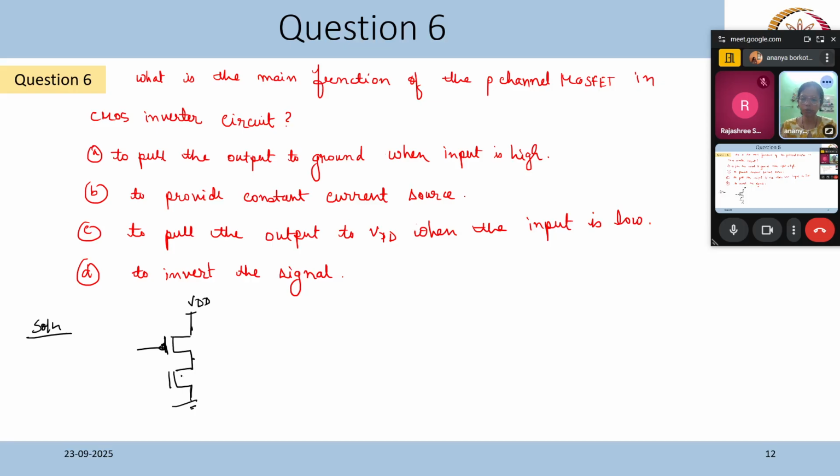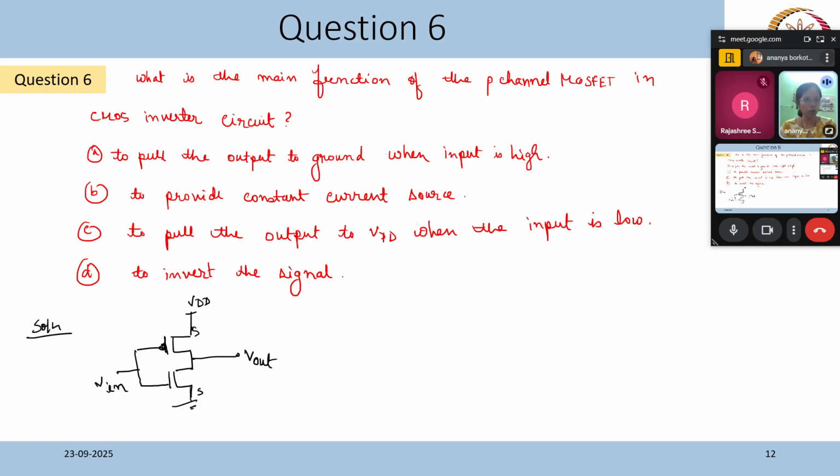Source is ground, right? So this is my source here, this is my source here. This is the drain terminal, which are connected. This is my input voltage where we apply the input, and this is my output voltage. I may have a resistor or a capacitor here to draw current or to charge or discharge.